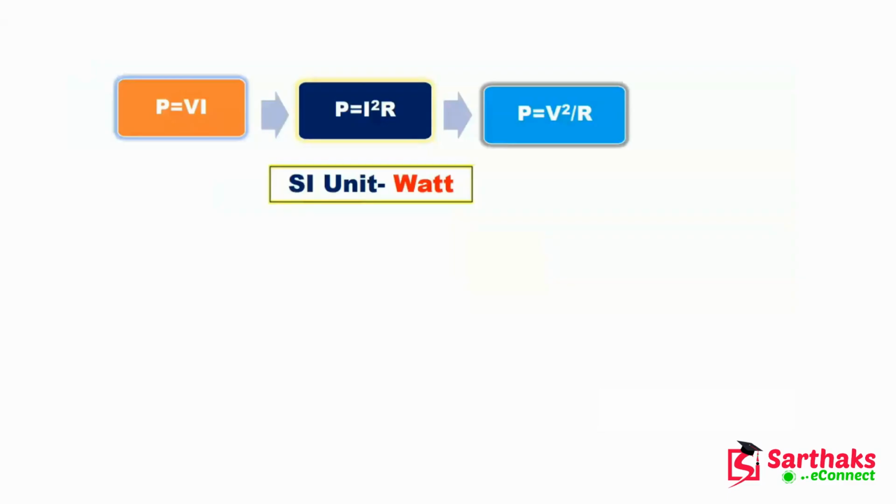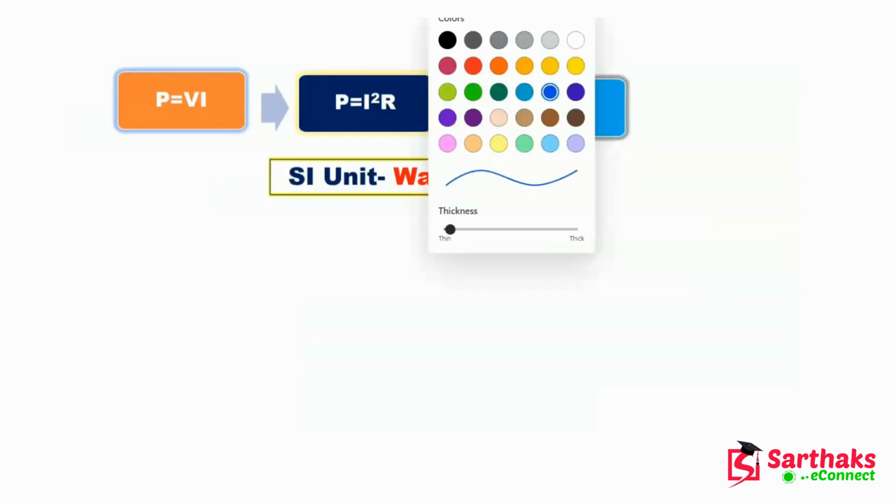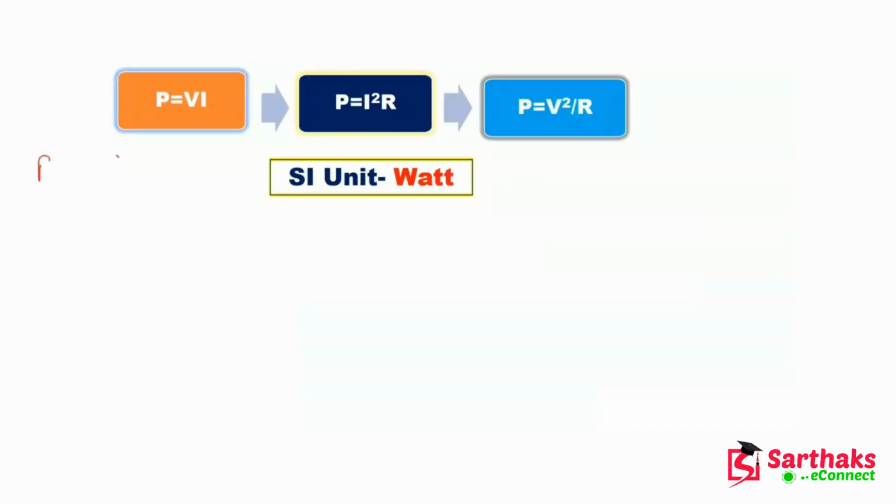Okay, let me change the pen. We know that P is equal to W upon T, or you can say E upon T, and this W can be written as VIT.